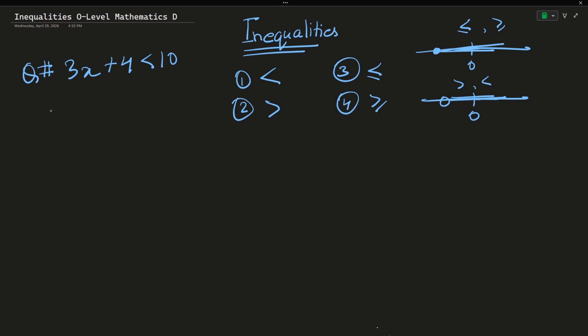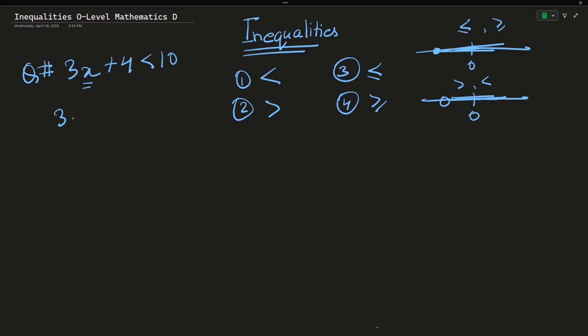The question told us to first find a solution for x, or the range of solutions for x. And by the way, in inequalities, we don't say the solution, we say the range of solutions, because the answer we get from an inequality is that there can be multiple solutions of x less than this or greater than this. So basically that is like a range.